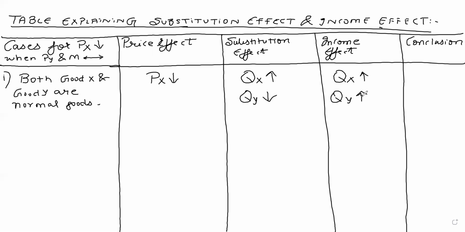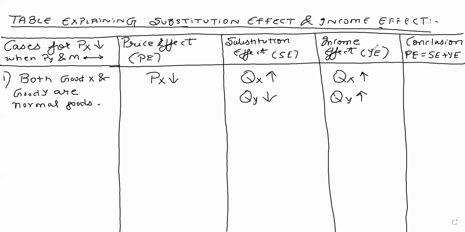So conclusion, what is my conclusion? Price effect is exactly equal to substitution effect plus the income effect, right? Price effect is equal to substitution effect plus income effect. This is my price effect PE. This is my substitution effect SE, and income effect I write as YE.